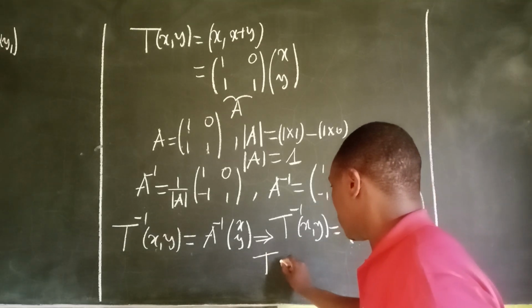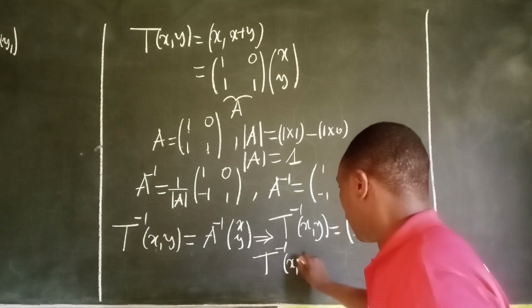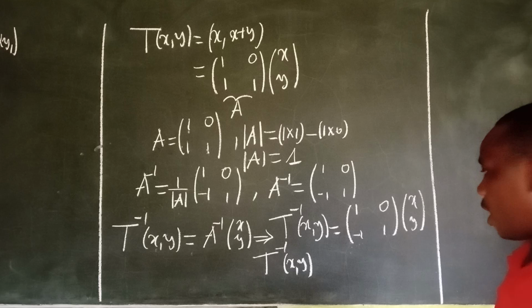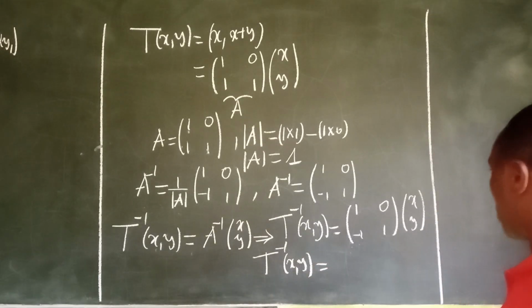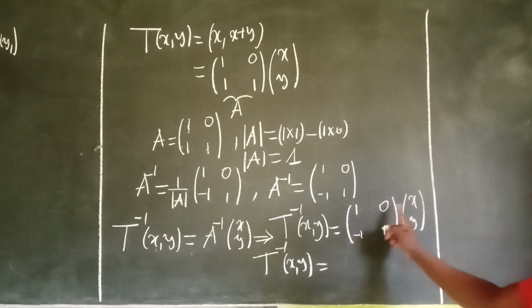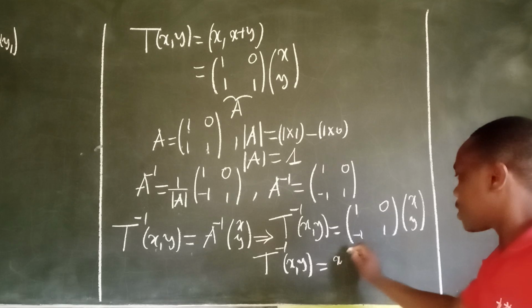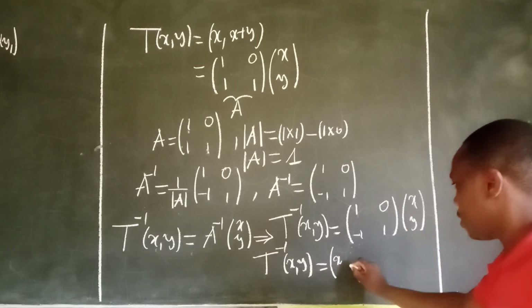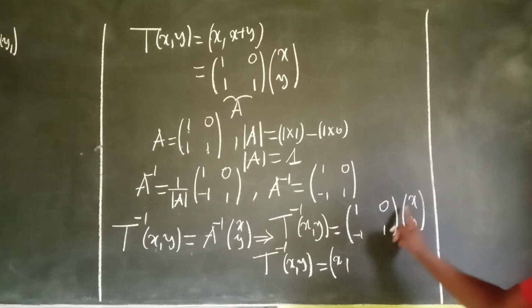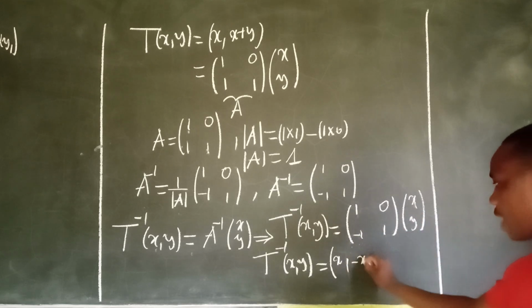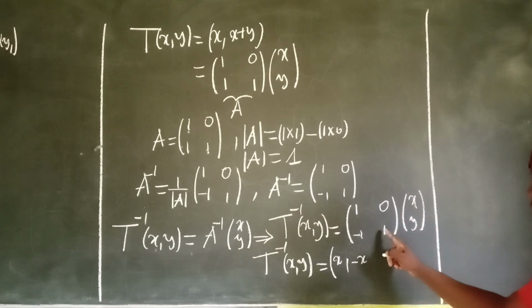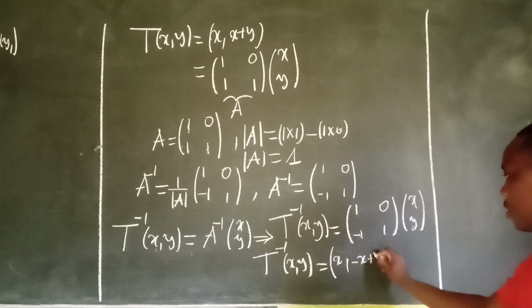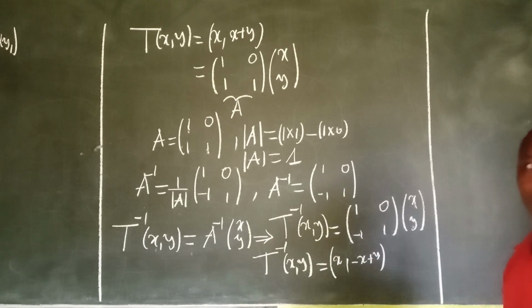The transformation inverse (x, y) is equal to 1 times x is x, plus 0 times y, that is 0, comma, negative 1 times x, this is negative x, plus 1 times y, this is plus y. Here is the inverse of our transformation.